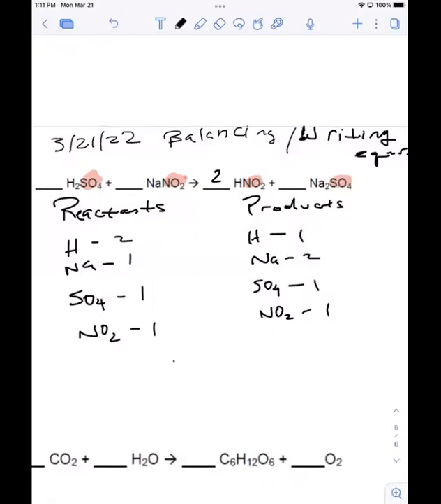Okay, so that's gonna increase this by 2. So it's gonna be 2 hydrogens. It's also gonna increase this by 2. Right now, we can balance the NO2s because that got affected when we put that coefficient in front of hydrogen. So on the other side, where you have sodium nitrite, what would you do?